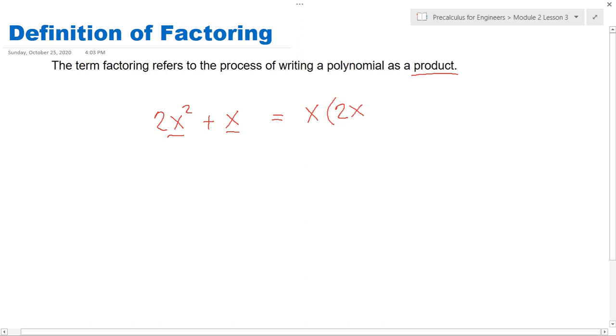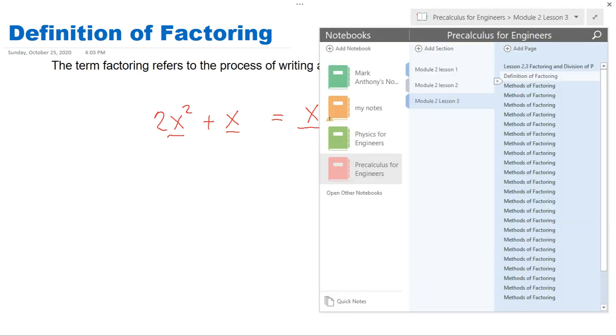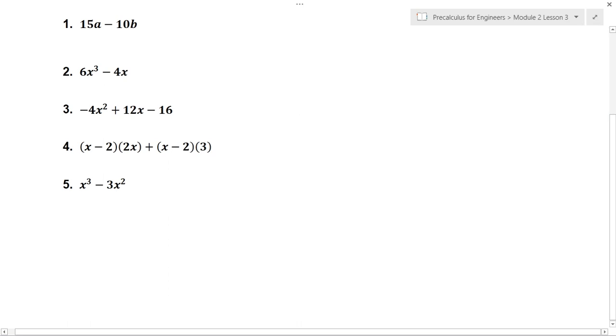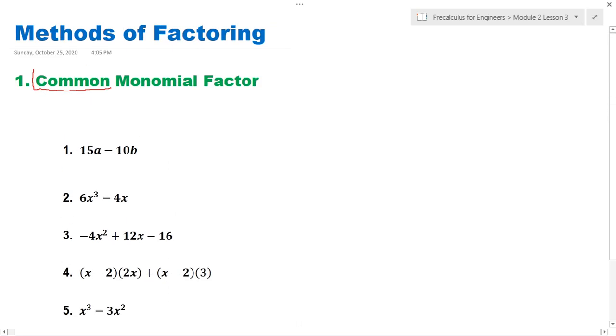Ang x divided by x is equal to 1. So 2x plus 1. So ito yung factor mo. And this belongs to the general method in factoring. So doon tayo magja-jump, the general method of factoring monomials.